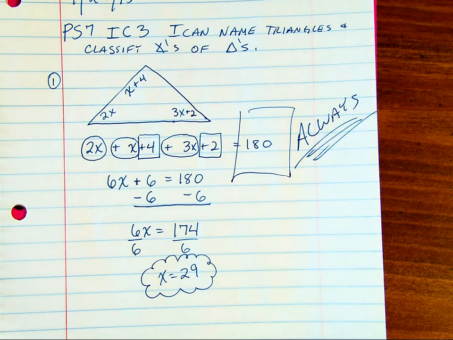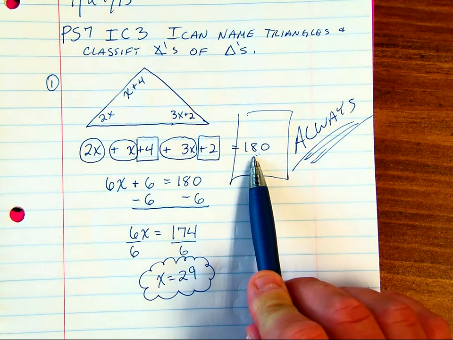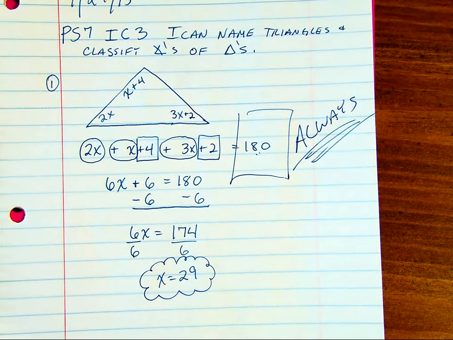We're talking about a triangle. All three angles add up to 180. Doesn't matter what type of triangle you're talking about. Whether it's equiangular, acute, obtuse, right, equilateral, isosceles, or scalene. Has no bearing on what number goes here. It's always 180. Okay? Any questions?